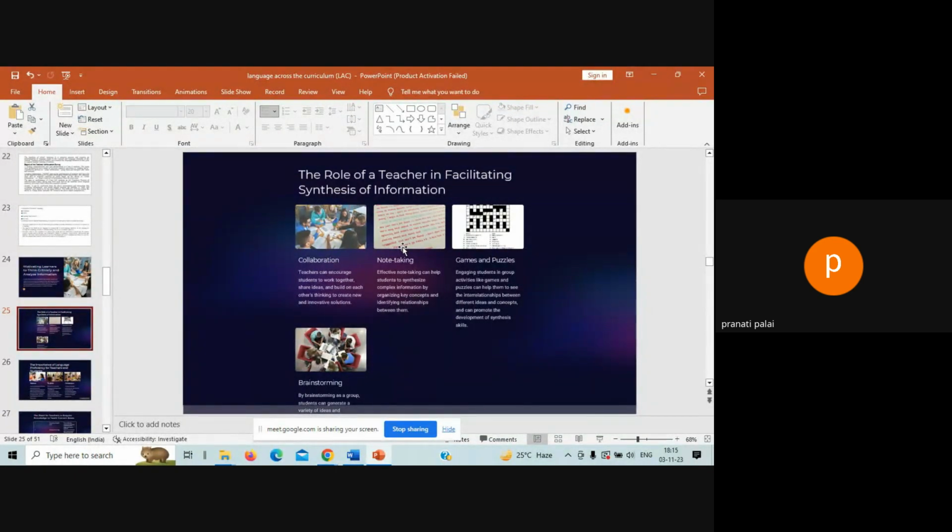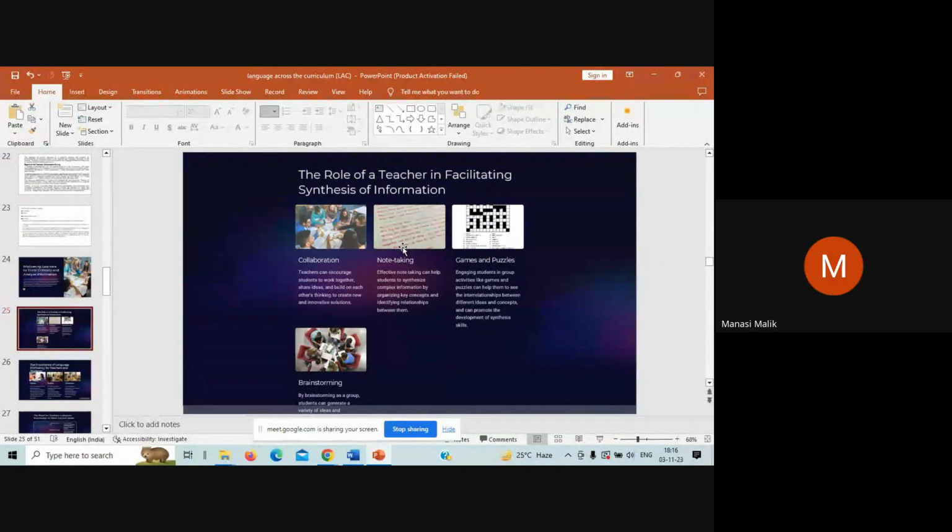Okay. So the role of a teacher in facilitating synthesis of information. The teacher must create a situation. Synthesis means what? Analyzing means breaking the whole into parts, and synthesis means taking these parts to create a whole. Okay?